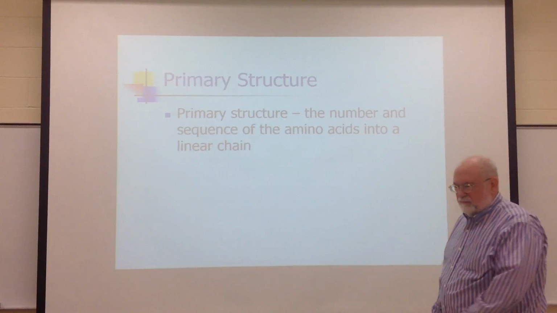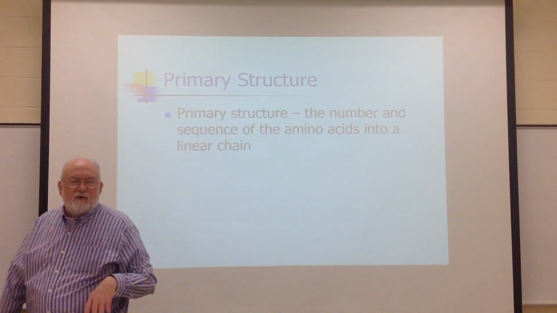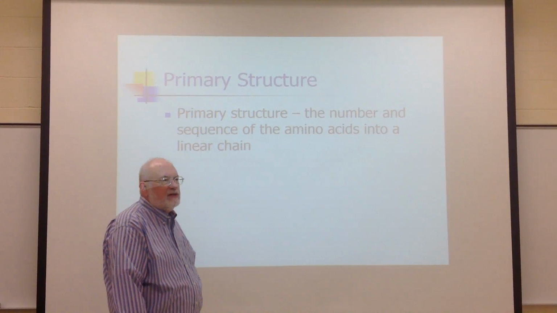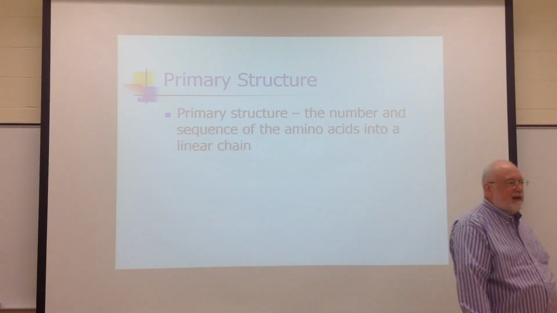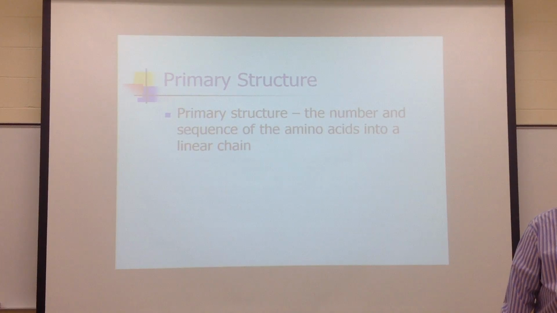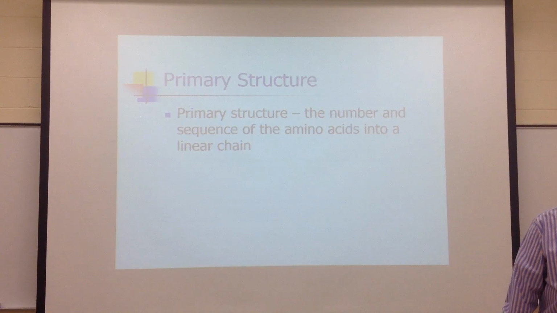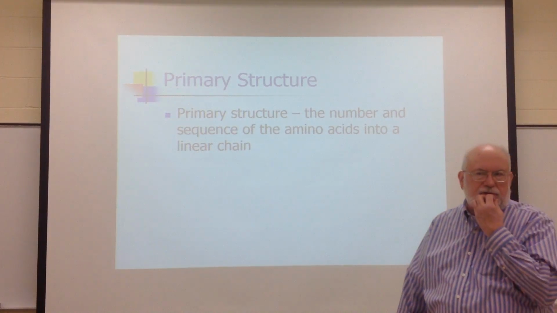Primary structure. Now, you go to the cocktail party, there's a cluster of people over here in the corner of the room chattering about primary structure of protein. What are they talking about? Well, here's what it means. It means the number and sequence of amino acids in the protein. Now remember, we're chaining together amino acids, one right after the other in a linear chain. And every time you add an amino acid onto the chain, what did you have to take out?